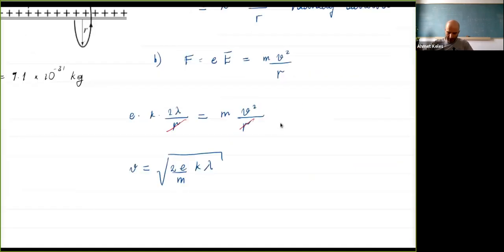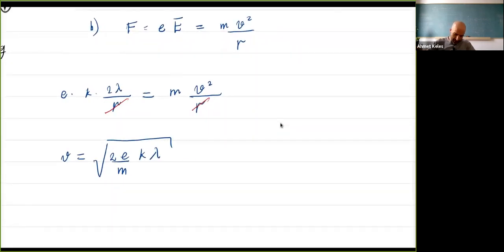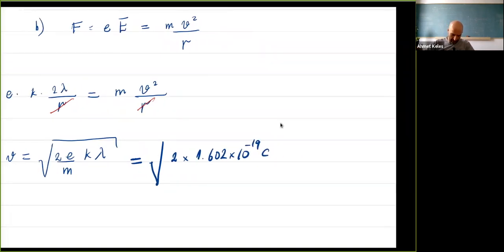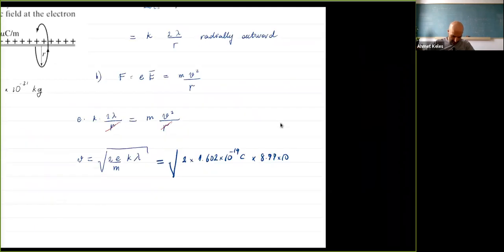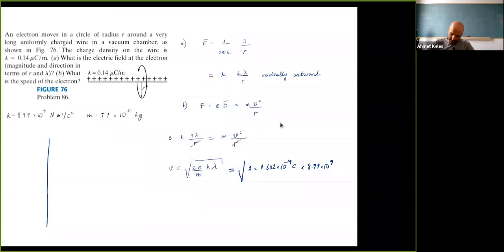So maybe I can just put the numbers and get something for you to compare later. Let's calculate this guy. So this is 2 times electron charge, if I remember correctly, 1.6 times 10 to the minus 19 Coulomb. And K is, we just calculated, 8.99 times 10 to the, what was it? 10 to the 9. Lambda is equal to what? 0.14.